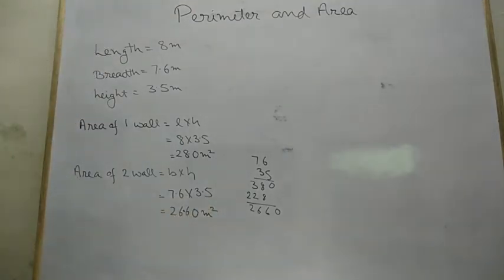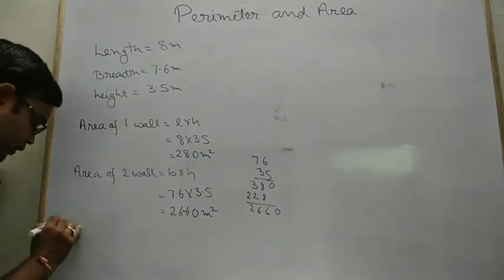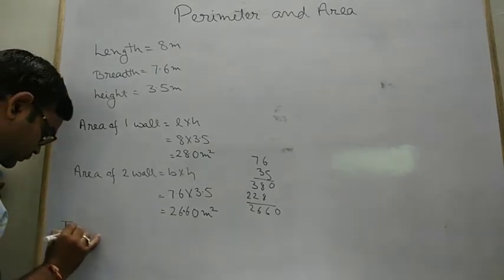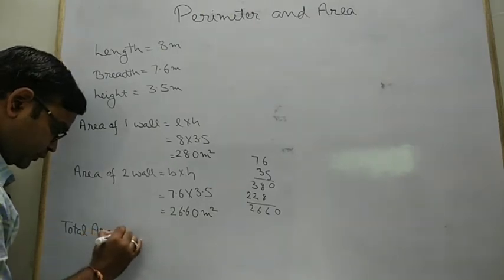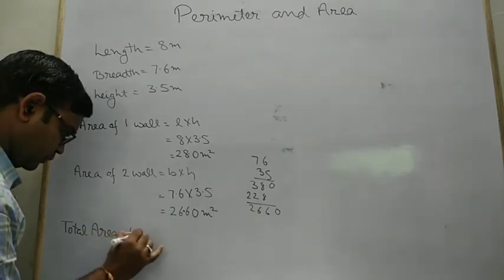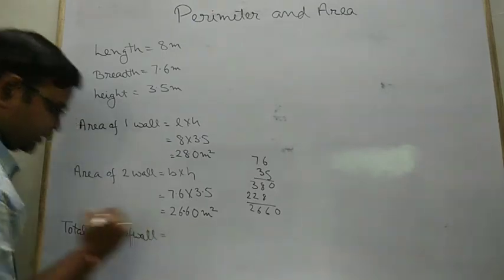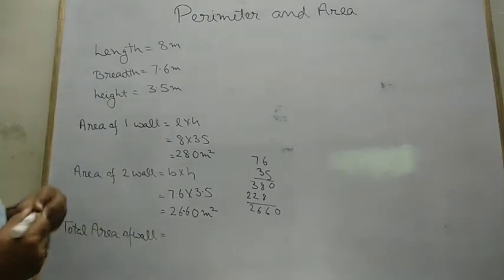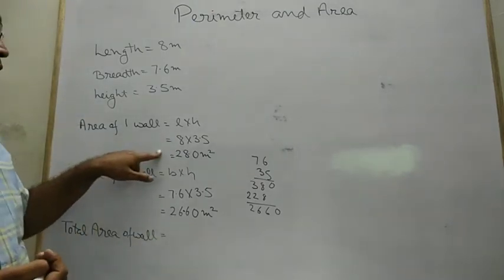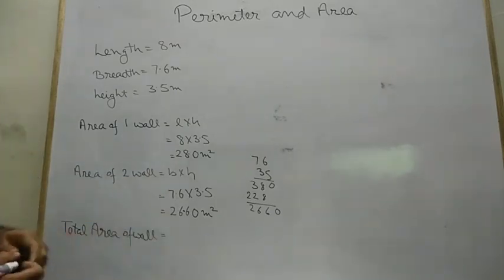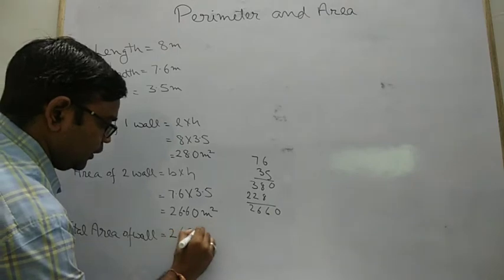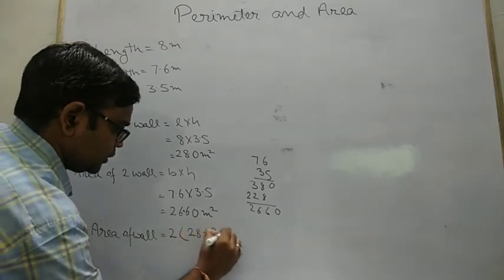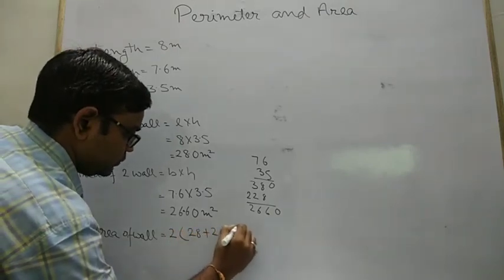Now total area of wall. This line is very important, because you are doing this question for the first time. Total area means 2 times this type of wall, 2 times this type of wall. Means we can write down 2 into 28 plus 26.60.